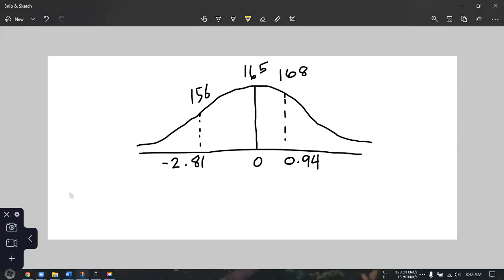And we are looking for the area in between 156 and 168. That is the symbol that x is greater, taller than 156. At the same time, x is lesser or smaller than 168.